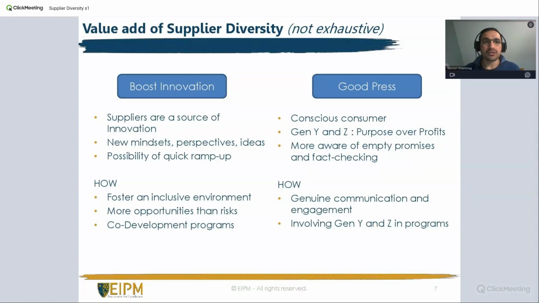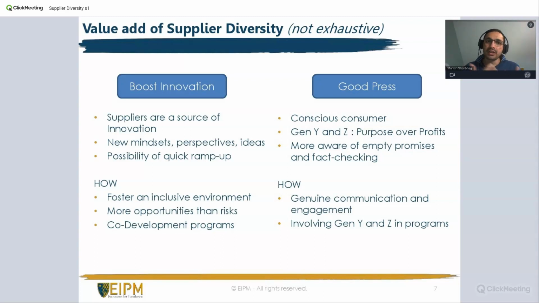So suppliers are a very strong source of innovation, and when we have a diverse supplier base, it gives that much higher potential of coming up with innovations. Okay, because there are new mindsets, new perspectives, new ideas, and so on and so forth. And there is also a higher possibility of a quick ramp up. When we talk about these suppliers, they are also looking to provide inputs, looking to innovate, and looking for buyers who can buy their ideas. Okay, so it's a two-way traffic.